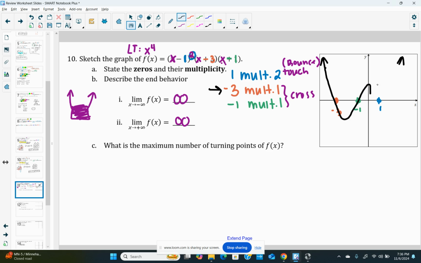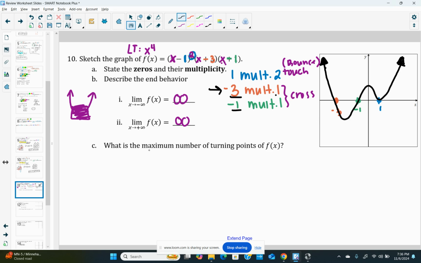And then it needs to come back down so that it can bounce at 1 to go back up. There we go. So cross at -3, cross at -1, and then bounce at 1. And then both ends need to be going to positive infinity.